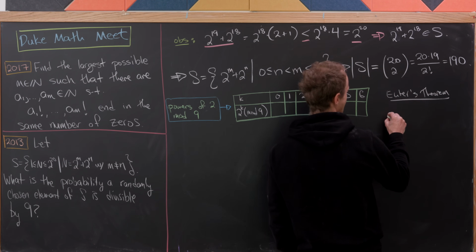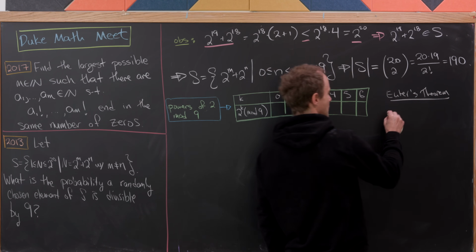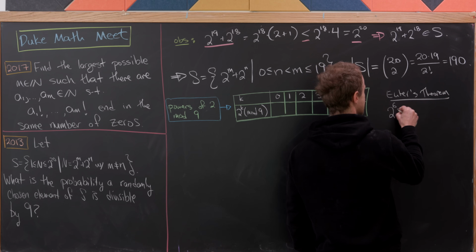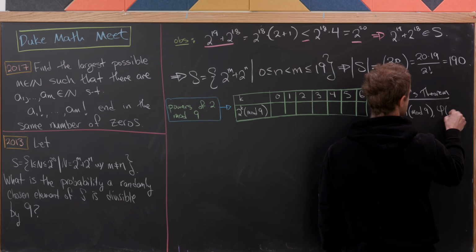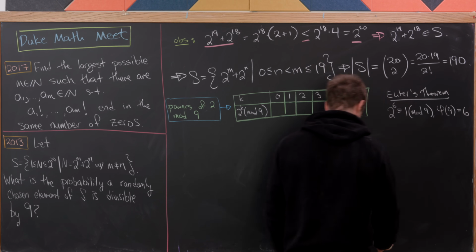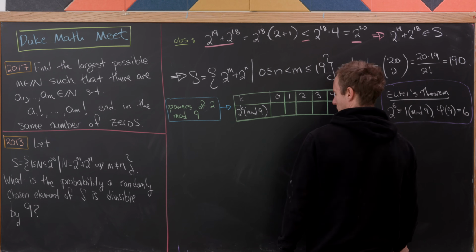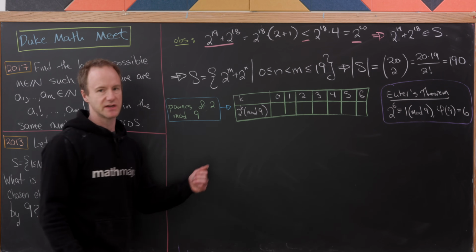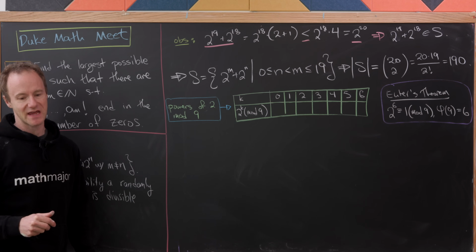It says that the exponents work modulo 6. In other words, 2 to the 6 is going to be congruent to 1 mod 9. That's because phi of 9 is equal to 6, where phi is Euler's totient function. Now, we don't actually need that here because we can just use the chart that we're building, but this at least tells us where to end the chart.